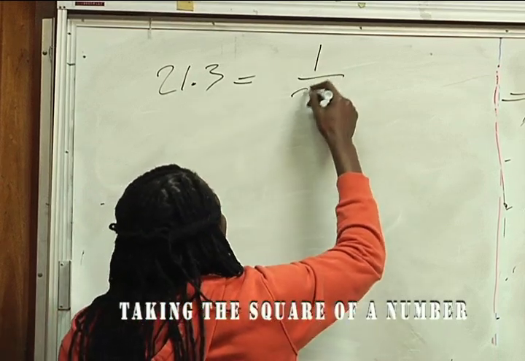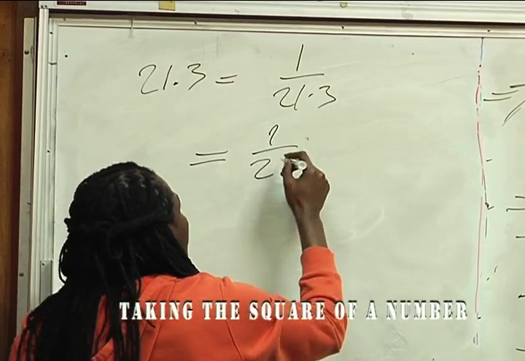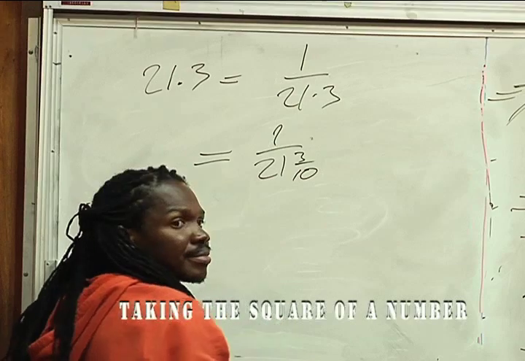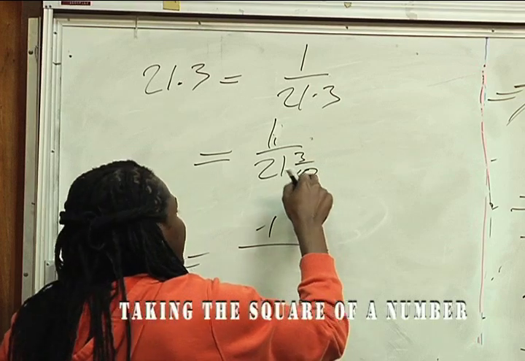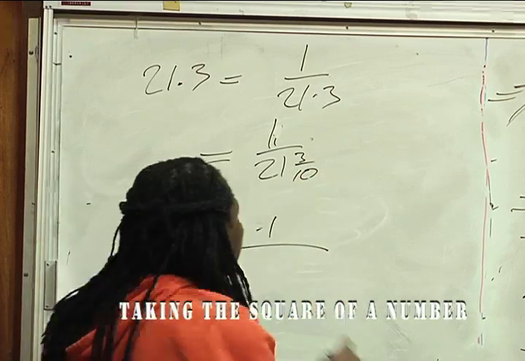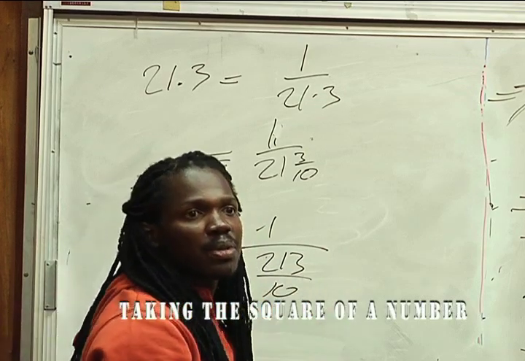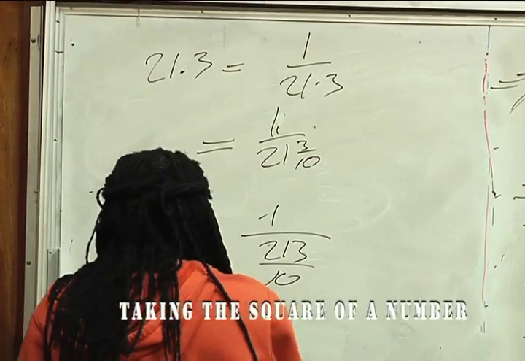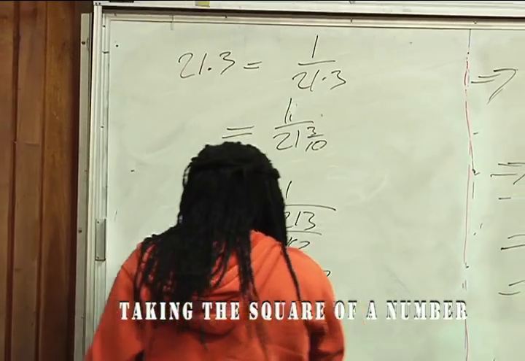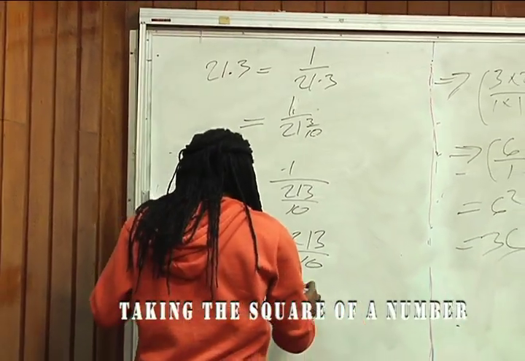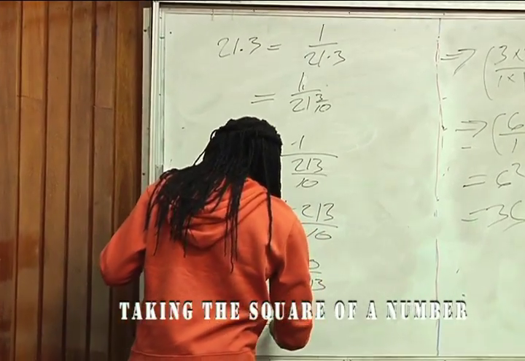That implies 1 over 21.3, equal to 1 over 21 and 3 over 10, equal to 1 over 10 times 21, how much? 210 plus 3, 213 over 10. Bottom number times big number plus top number. Equal to 1 divided by 213 over 10, equal to 1 times 10 over 213, equal to 10 over 213.